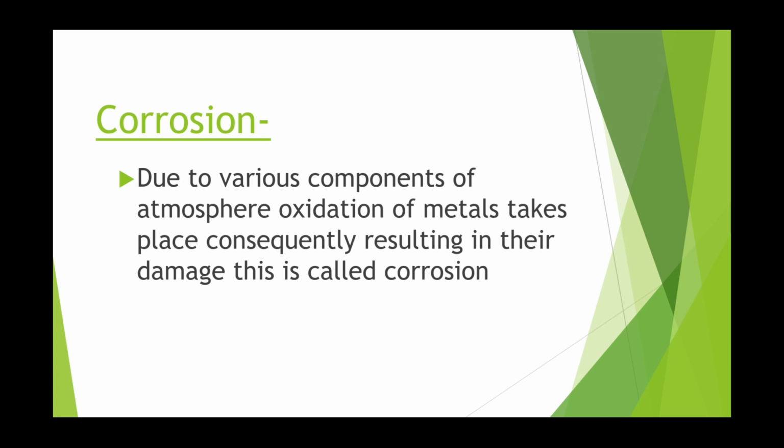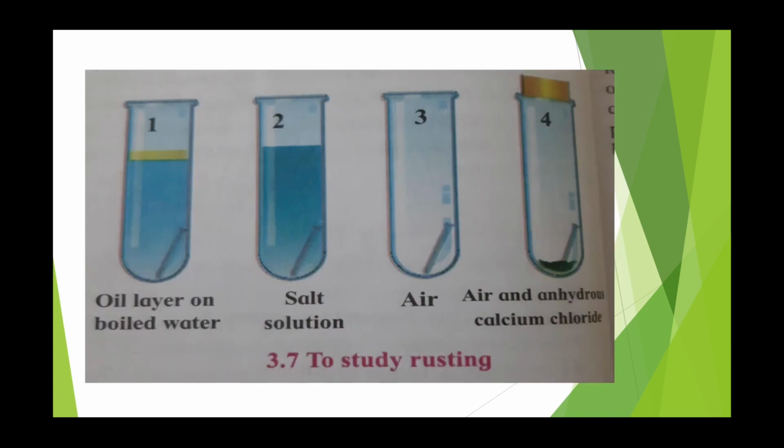Now let us study here about the corrosion of iron. Look, here we have taken 4 different test tubes, and in the first test tube we have taken boiled water with an oil layer. In the second test tube we have taken salt solution.